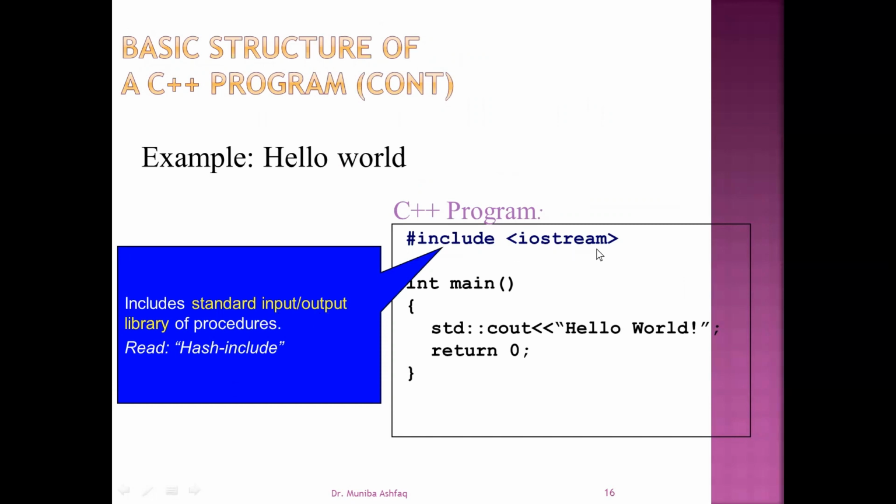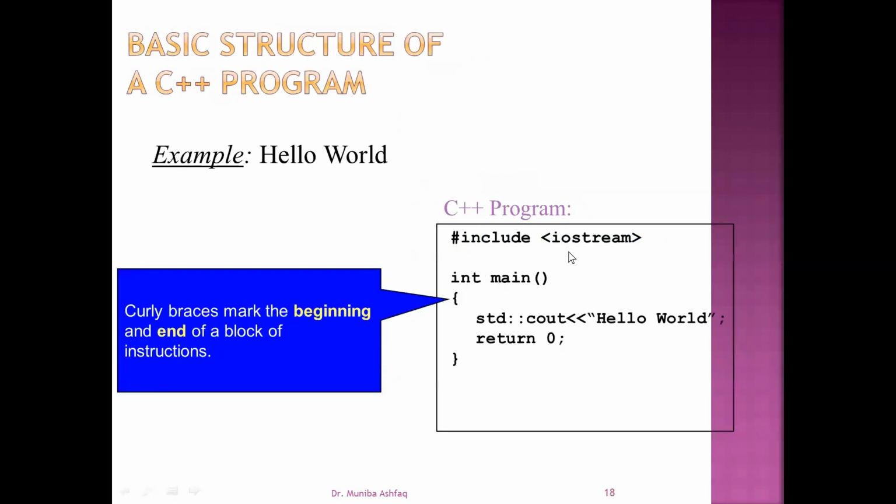This is basically a file from the standard input output library to perform input and output streaming. Then you have the curly brackets, which are the beginning of this main function and the ending of this main function. And within these two curly brackets, we have the main C++ statements where you start your programming.